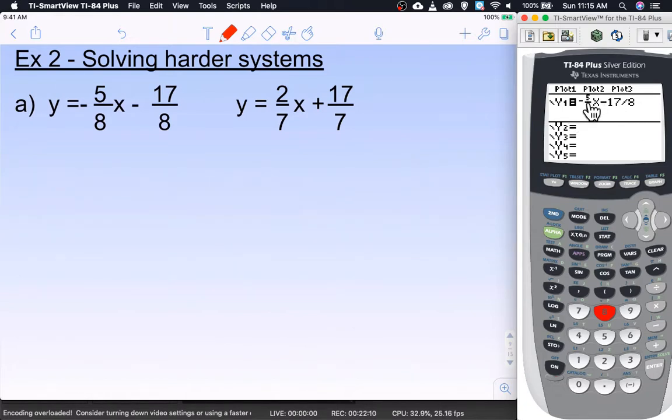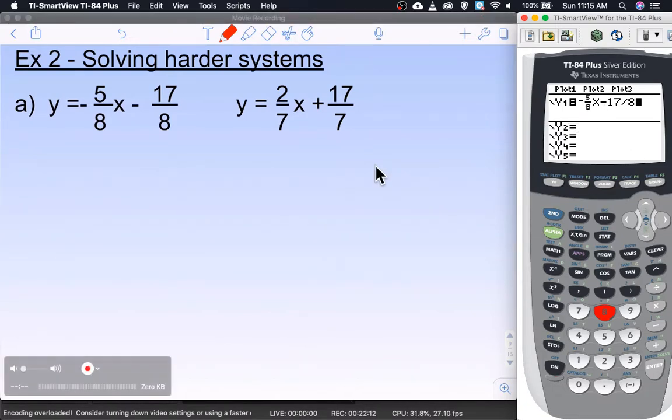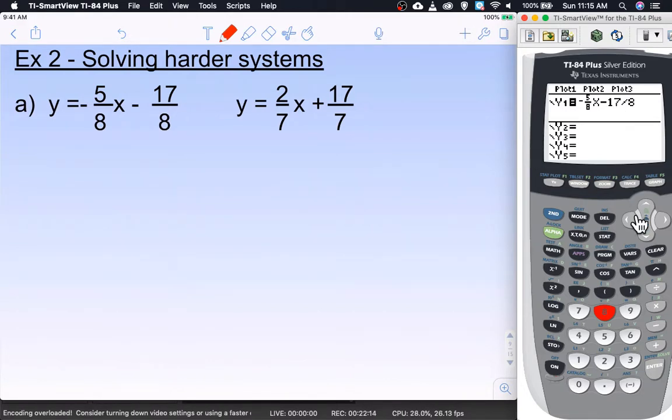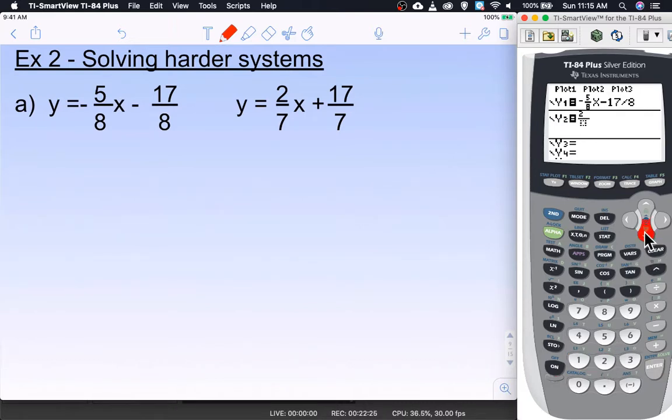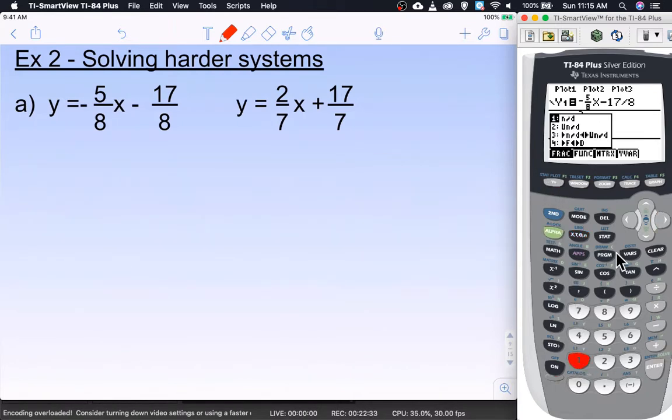Now, if you like the fractions, by all means use it, but there are times where you don't have to do the fraction and the calculator will graph it correctly. But I personally kind of like the fraction. I just actually learned about this feature just this past year, I think. 2/7 x plus 17/7. Oops.